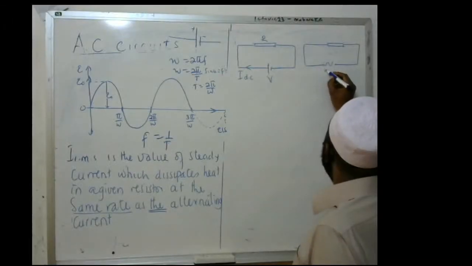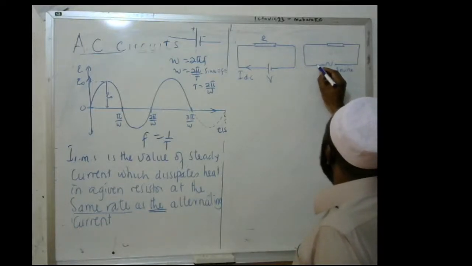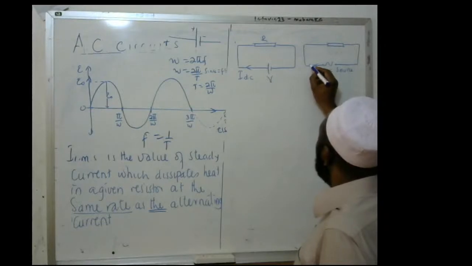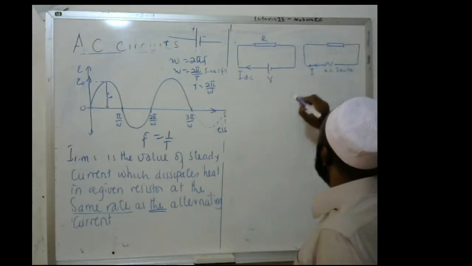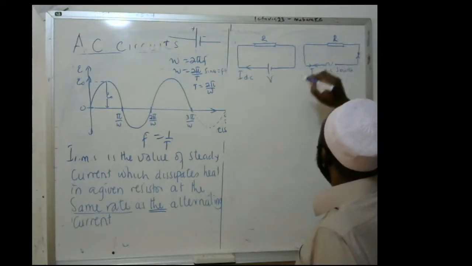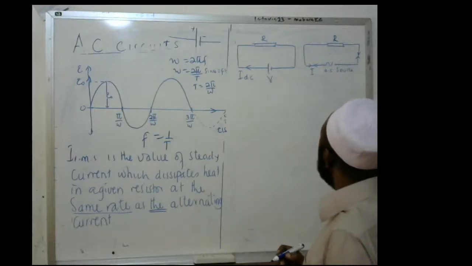This is the AC source. So the current moves in this direction at one time, and at another time it moves in the reverse direction. That's why you're seeing the arrows showing the reverse movement, meaning that it changes direction several times per second.